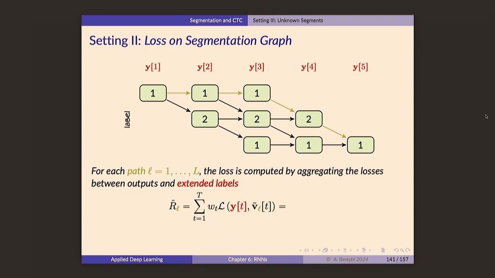Okay, so is everybody clear what I'm doing here? Now, if I want to find the optimal segmentation again, what should I do? I should minimize every single r hat L that I have for all possible paths, and find the path with minimal training loss. That is my perfect path, correct?